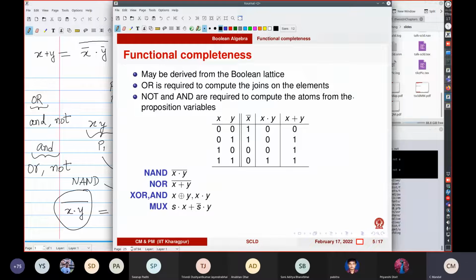Can you realize the AND gate using a multiplexer? Or for that matter, NOT. Or NAND, whatever. It is enough if you realize the NAND function, because we have seen that NAND is functionally complete. So can you realize the NAND operation using a multiplexer?